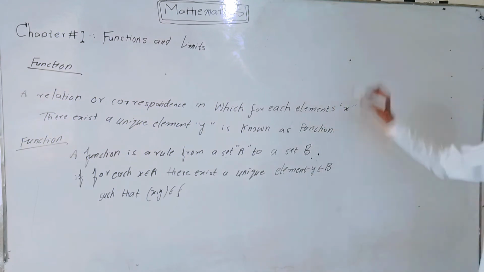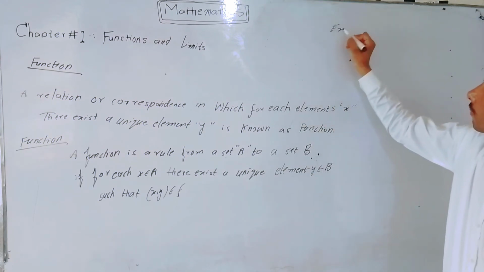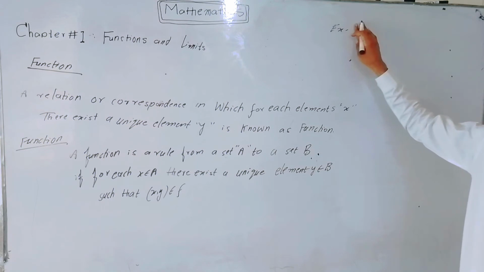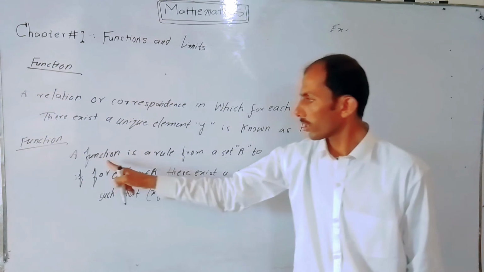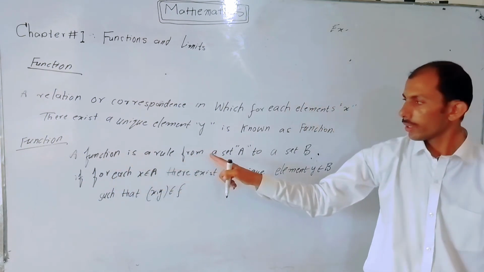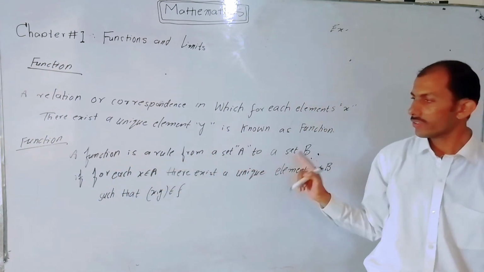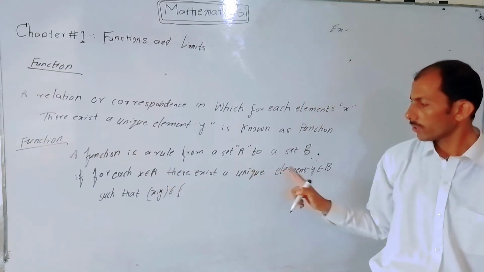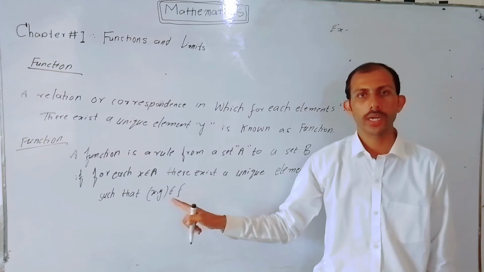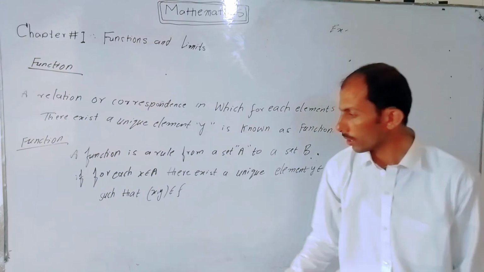Next example. In mathematical form, a function is a rule from a set A to a set B. If for each x belonging to A, there exists a unique element y belonging to B such that (x, y) belongs to the function.